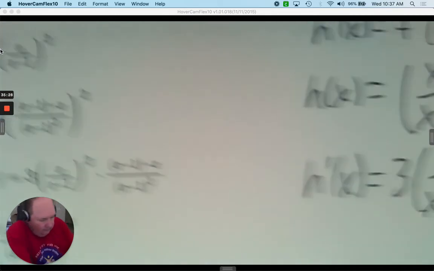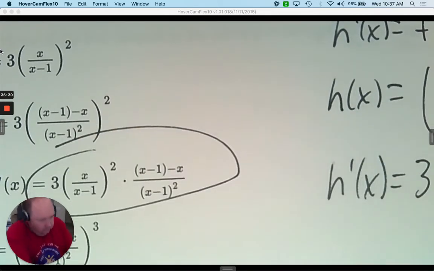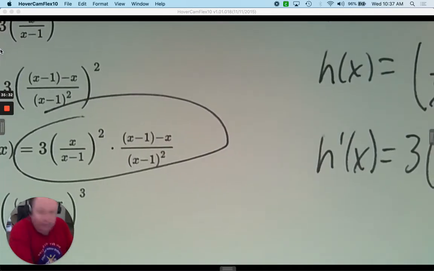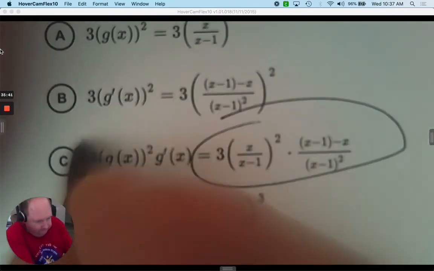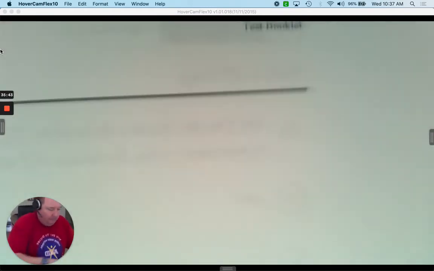And I think I just did this one. Right? 3 times x minus 1 squared times x minus 1 minus x. So yeah, I did it. So that answer is C. Turn the page.